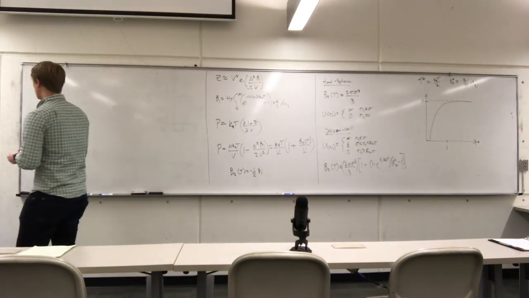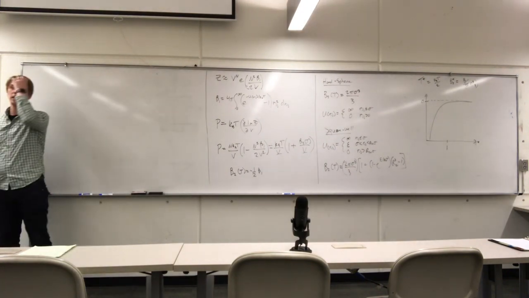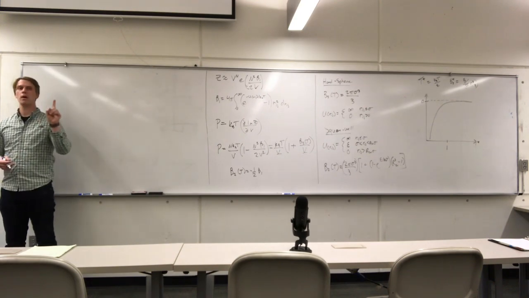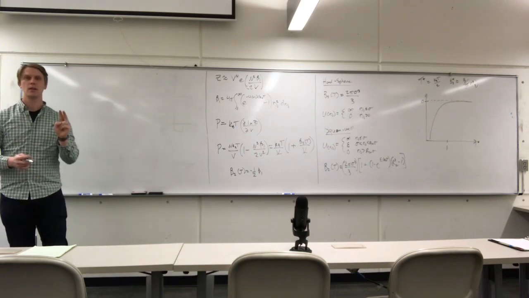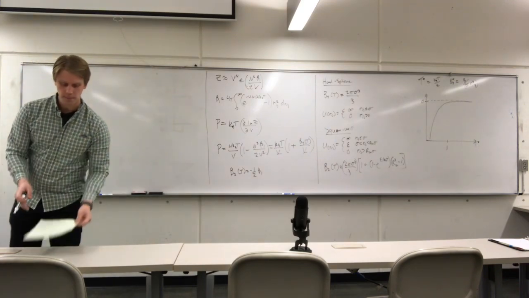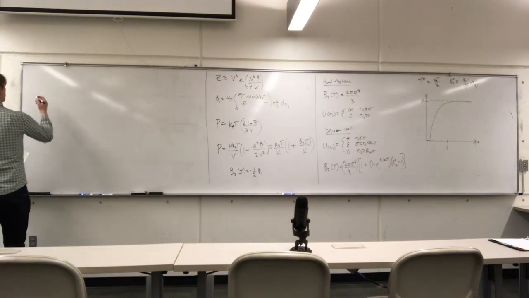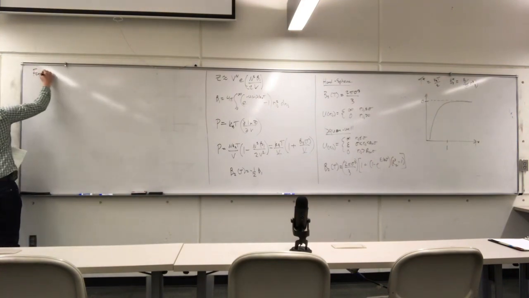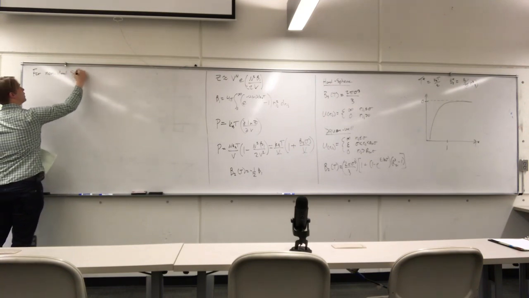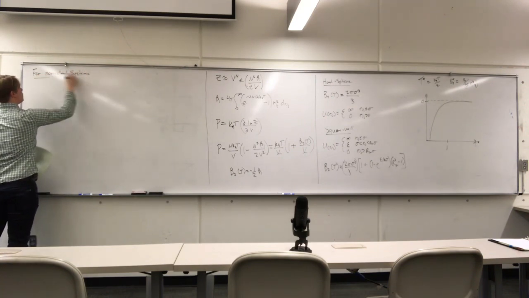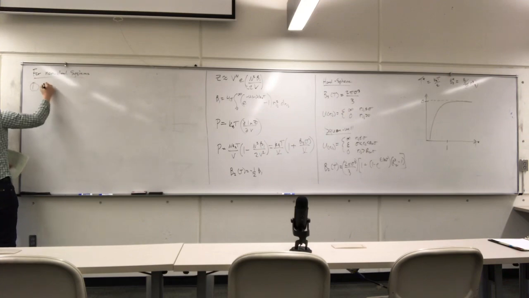So that's step one. Step two is we need to know where the molecules are and how the potential energy changes based on how close or far apart they are. So for non-ideal systems, we have two needs. One, we need molecular positions.